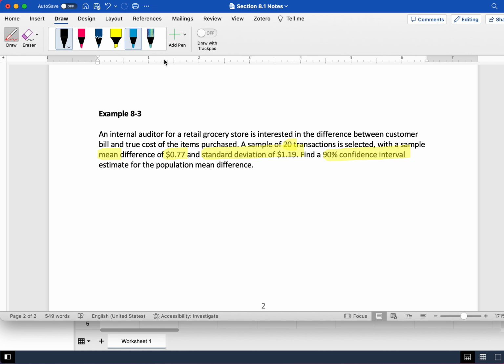But what I have to look at here is that it's worded that the sample mean is 77 cents and standard deviation of $1.19. I can assume that that standard deviation also comes from that sample data. So if it doesn't strictly say population or known or sigma, and it's worded like this, then this is a sample standard deviation.